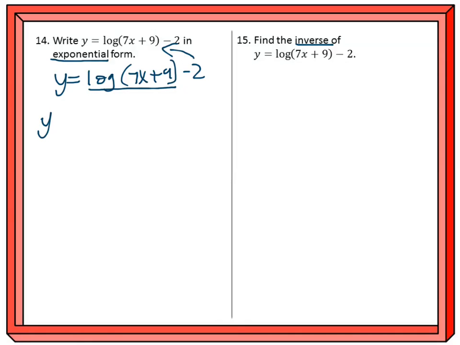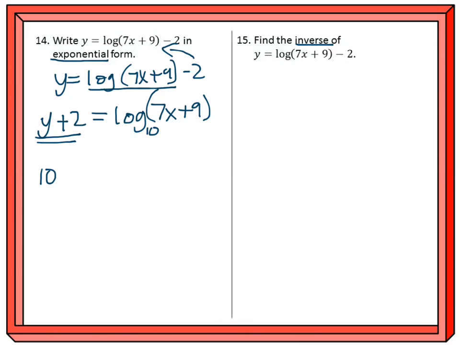So y plus 2. And that was a common mistake that some people made, they had y minus 2, equals the log of 7x plus 9. This is an answer to a logarithm. The answer to a logarithm is an exponent, and specifically it's an exponent on the base of 10.